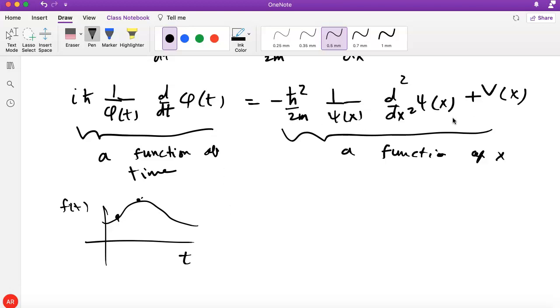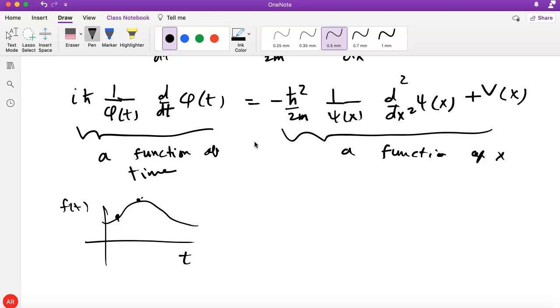And similarly, this side must be a constant. So the magic of separation of variables is that we somehow start with one equation and we get two equations.